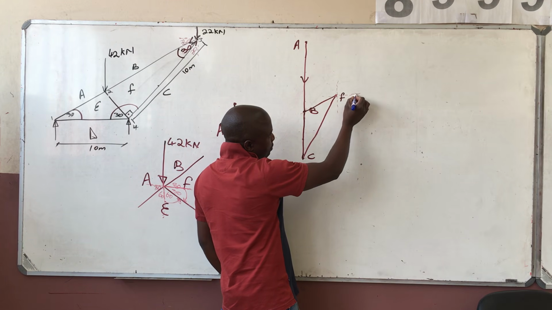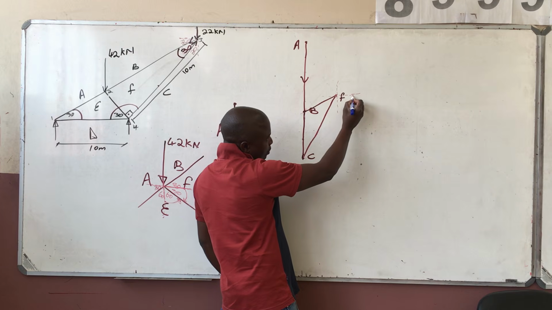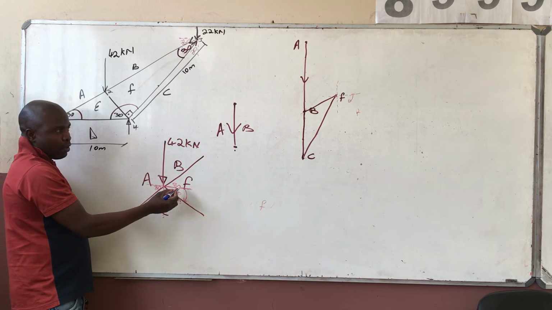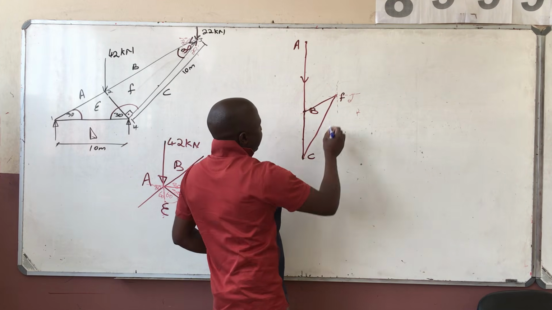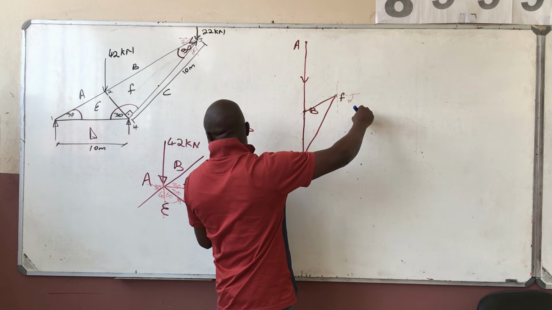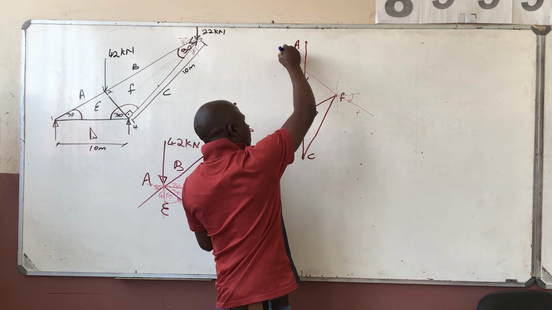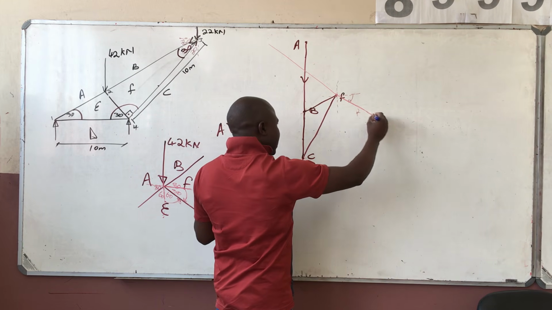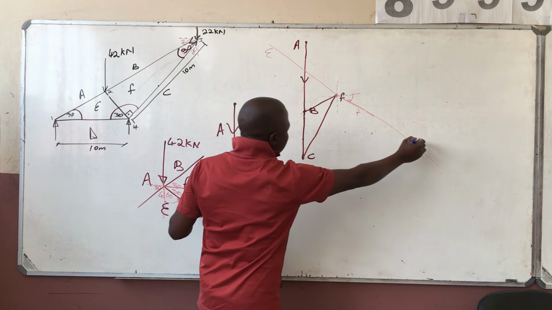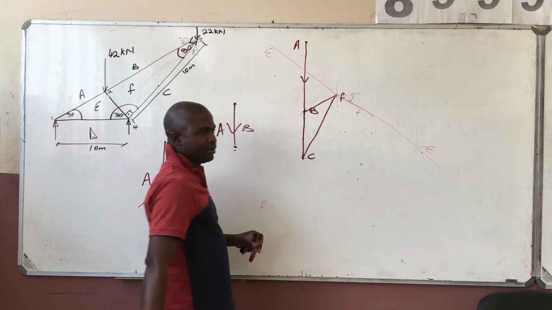Then if we measure from horizontal, we measure 30, as here is also 30. We measure 30, then we draw a line which goes this way and this other way. So somewhere on this side we have E, and somewhere on this other side we have E.